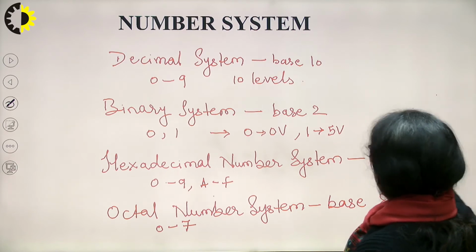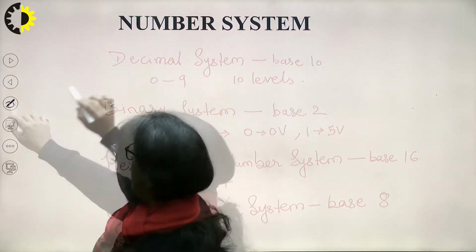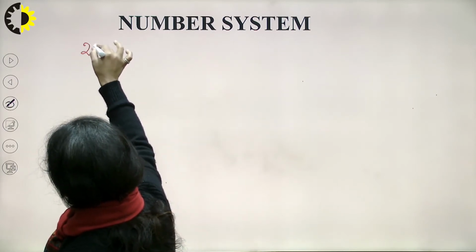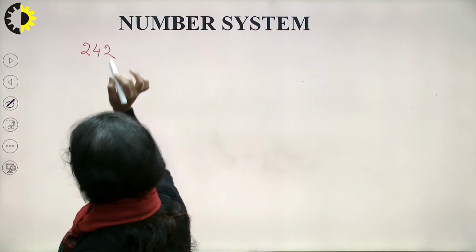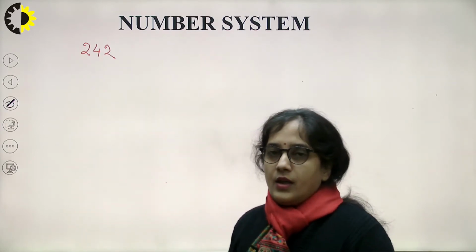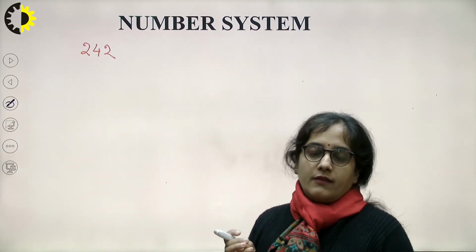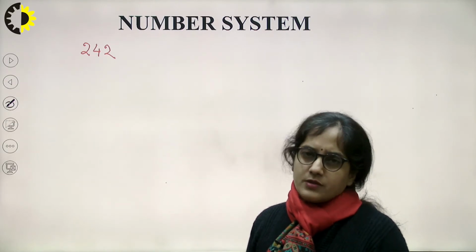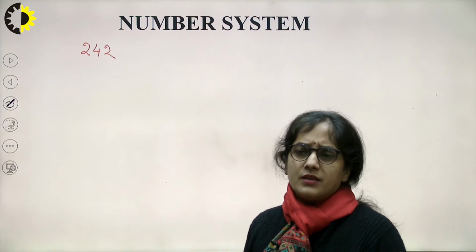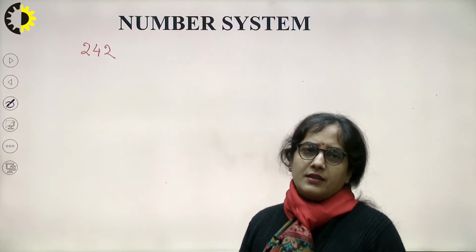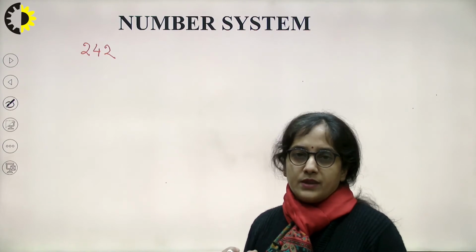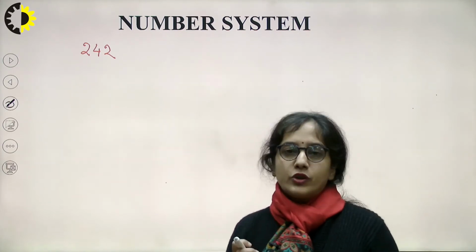Just take an example: 242, this is a number. A person who does not know about microprocessors or other number systems, like a small kid who knows only decimal, will read it as 242.